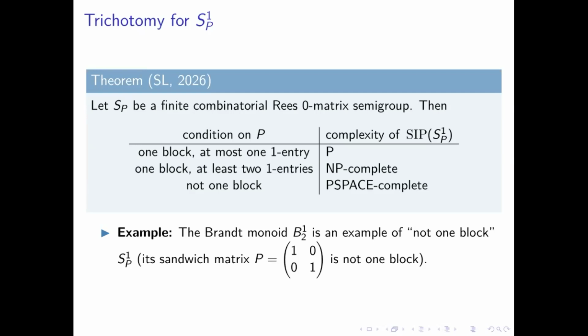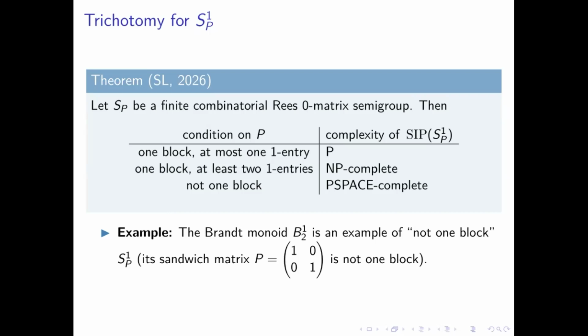If the sandwich matrix P has one block and at most one one entry, then we know that SIP of S sub P to the 1 is in P. If P has one block and at least two one entries, then SIP of S sub P to the 1 is NP-complete. And if P doesn't have one block, then SIP is PSPACE-complete.